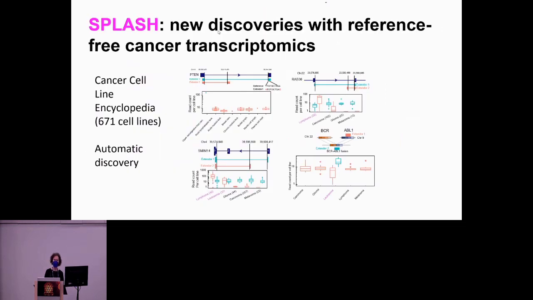Another example of what SPLASH can do readily is discover varieties of complex events in cancer. So I'm just going to give you a quick snapshot here. Again, we ran SPLASH blindly on all the Cancer Cell Line Encyclopedia and looked for some of the events that it called.